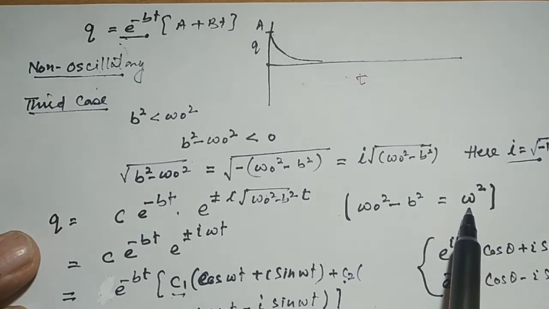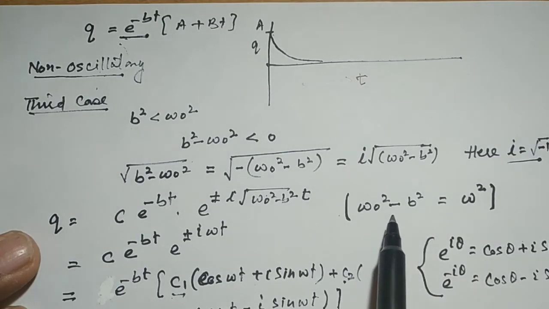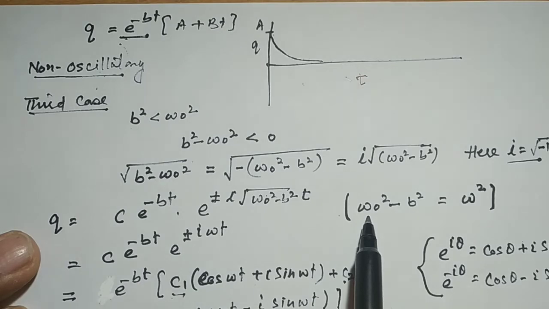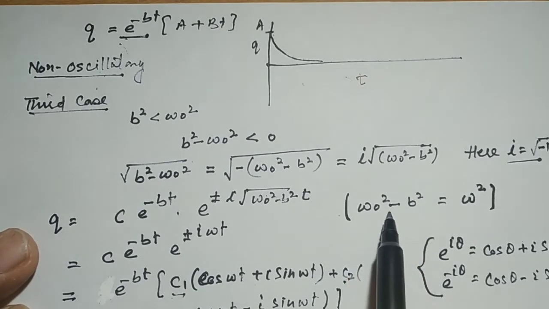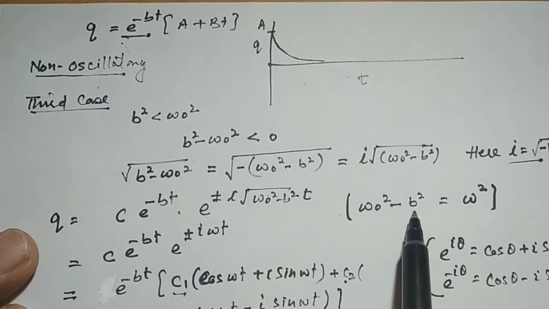So it shows that the frequency of the damped oscillator is less than the undamped oscillator frequency, because something is being reduced, and this reduction is nothing but due to the damping factor. This damping of the system is due to the resistance present in the circuit for the current.